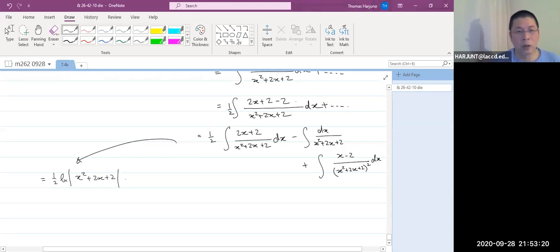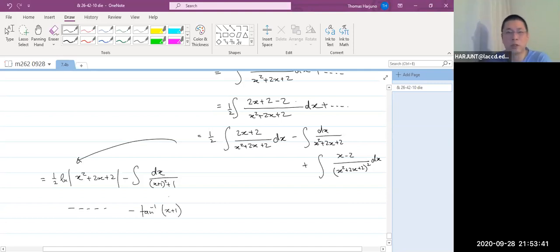The second part is the integral of dx over (x plus 1) squared plus 1, which becomes tangent inverse of x plus 1. Right? And then plus this integral here. You can do that kind of substitution again. So a lot of creativity is required in doing this kind of problem.